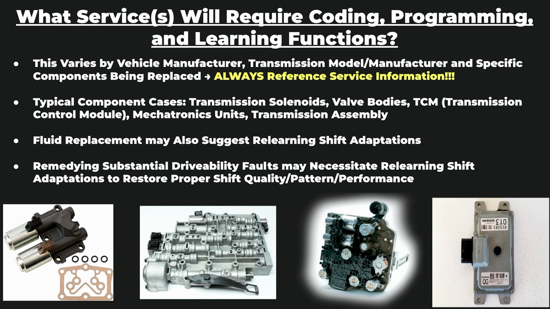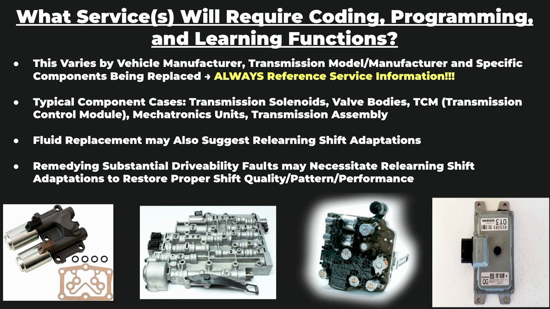Typical component replacements that will require or likely require these types of services would include things like replacement of individual transmission solenoids, valve bodies, transmission control modules, mechatronics units, or replacement of the entire assembly of the transmission, potentially a wiring repair for anything transmission related, possibly a torque converter.